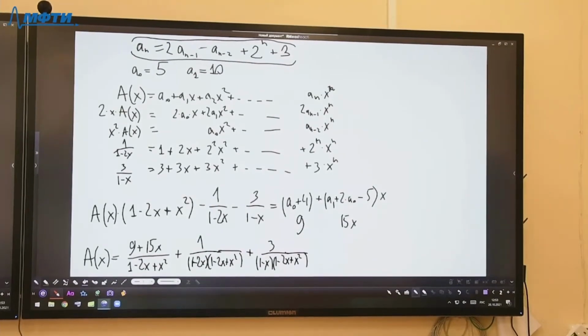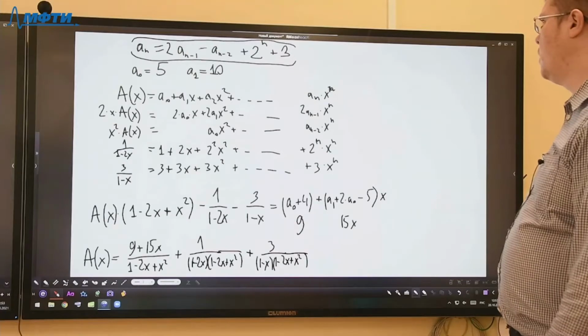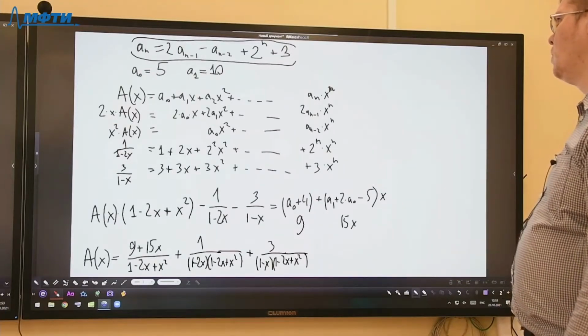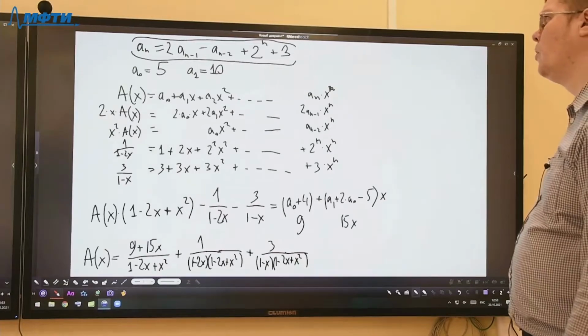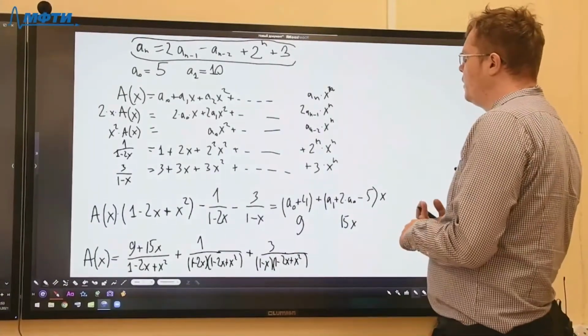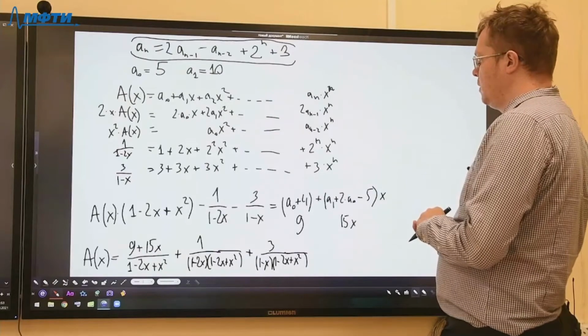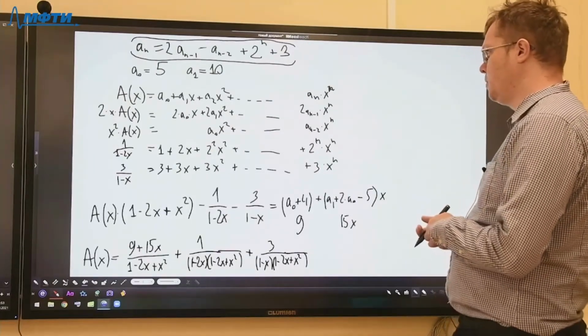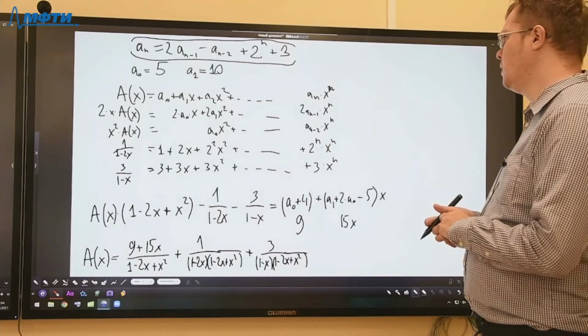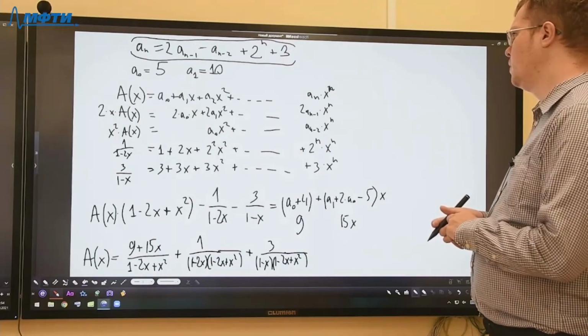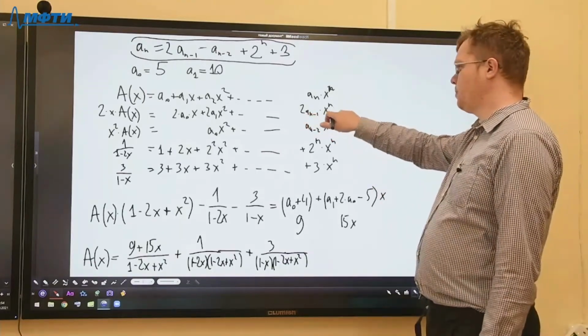Yes. When you multiply ax by 2x, the last term of the expression is 2 times an minus 1 times x to the power n.